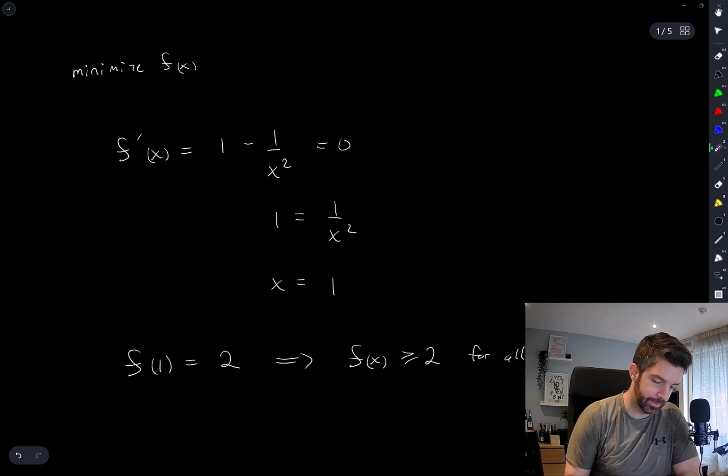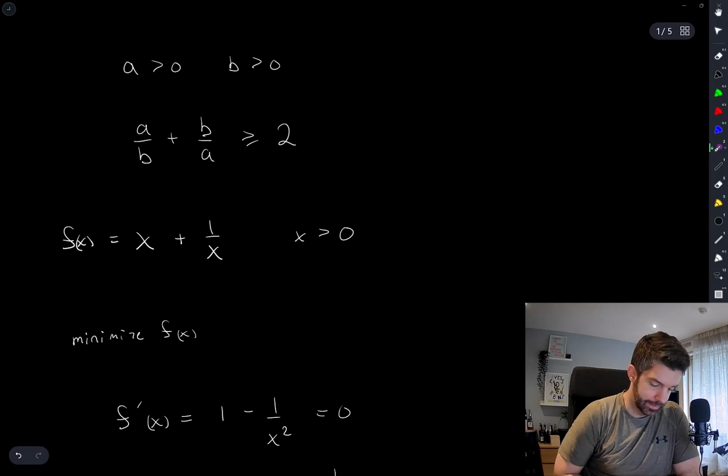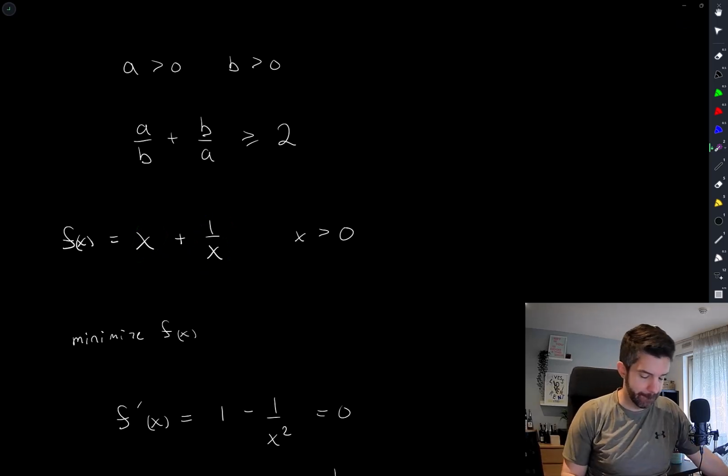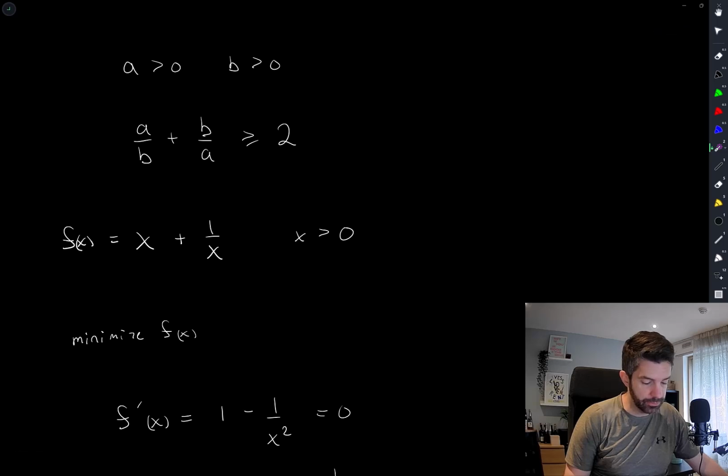And that's it, really. Yeah, my first instinct wasn't to do that, wasn't to just replace this with an x. I thought maybe some rearranging of this, multiplying through by a times b or something like that.